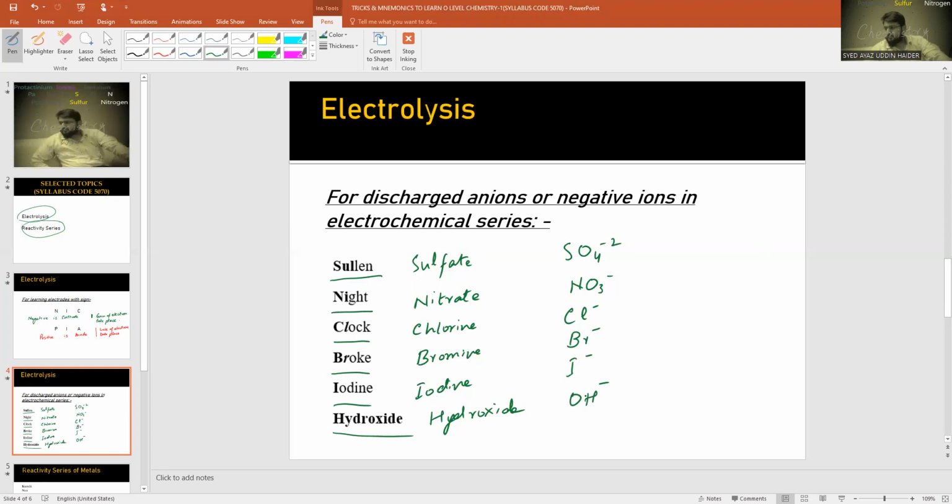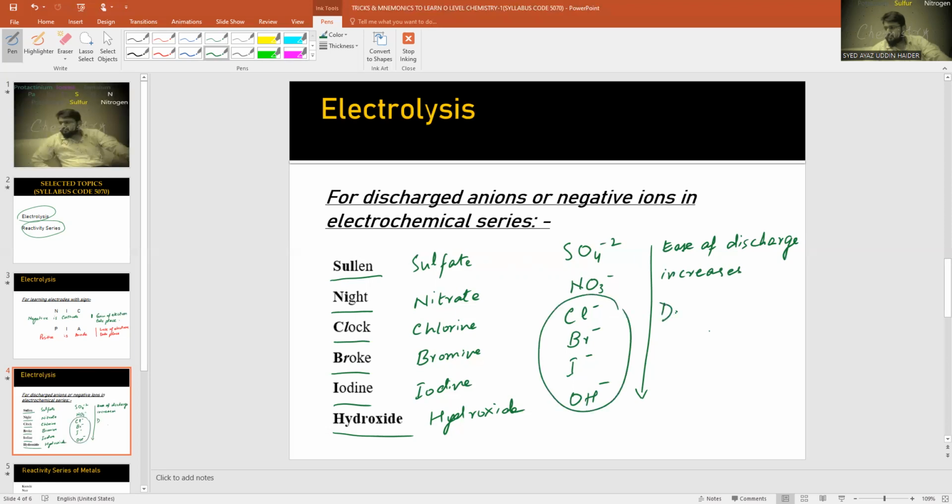This is the order. The ease of discharge increases down the series, which means it becomes easier for these ions to get discharged.